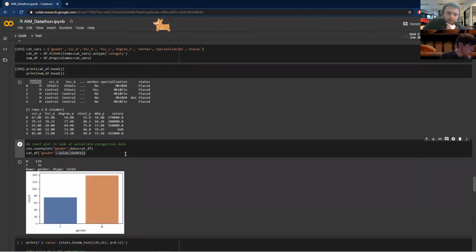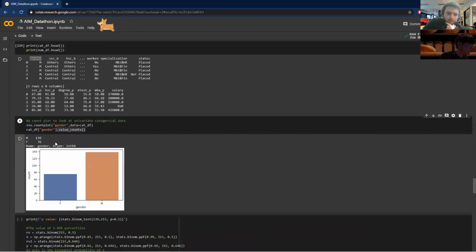But if we have a look, this is what we get. So this is the table. There are 139 males and 76 females in this data set. And if we look at it graphically, it looks like this. You can see that there is a difference right away, that there are a lot more males in this data set than females.